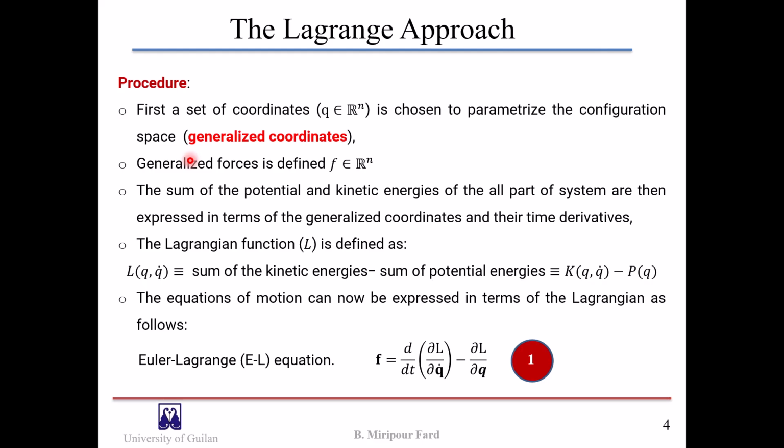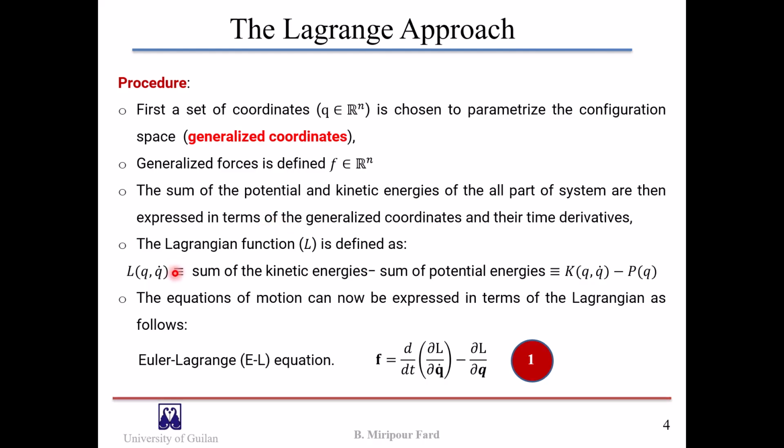Once generalized coordinates have been chosen, these can define the generalized force F. The sum of the potential and kinetic energies of all parts of the system are then expressed in terms of generalized coordinates and their time derivatives.